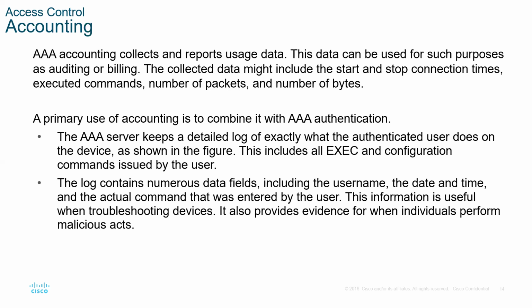So with accounting, we allow the network to be able to audit as well as bill. The collected data includes start and stop times, connection times, executed commands, number of packets, number of bytes. So with accounting, we're able to see when someone connects to the network, when they left, what packets they sent over the network, and how much information they've sent.